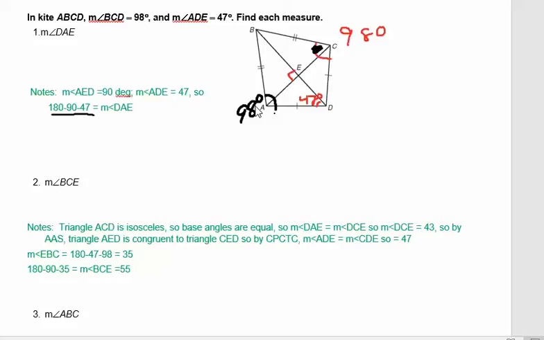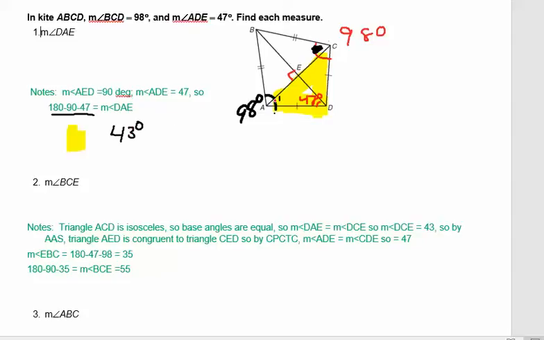We know that triangle ACD is an isosceles triangle. This might be helpful. This is an isosceles triangle down here. So the base angles are equal. And we found our answer for number 1. You should get 43 for this one.